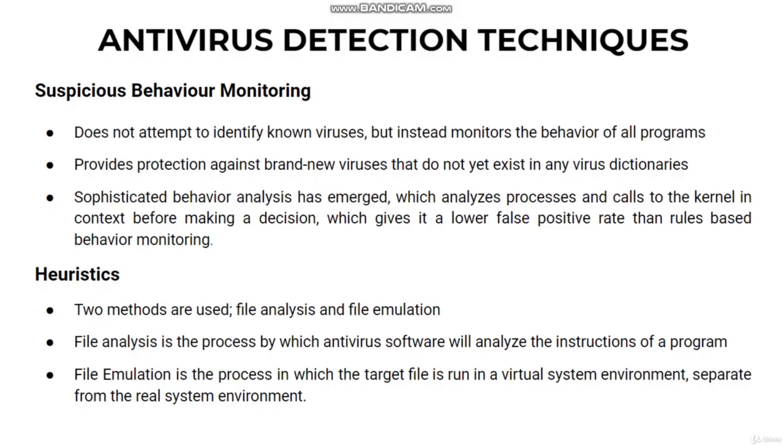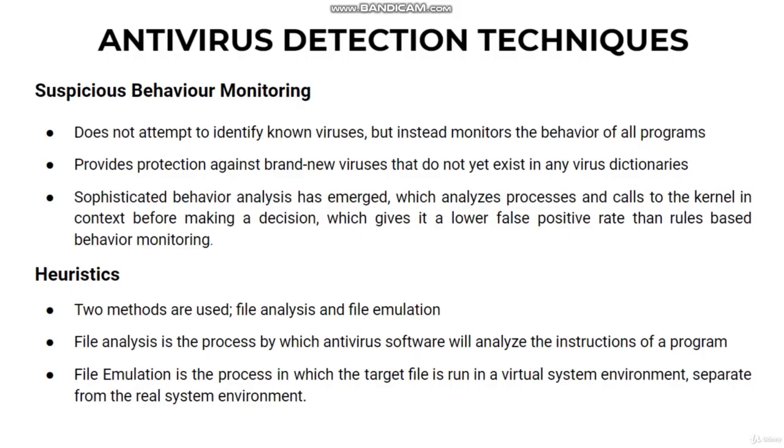And the last one is heuristics. Some of the more sophisticated antivirus software uses a heuristic based approach to identify new malware. In this way, two methods are used: file analysis and file emulation. As described in the previous lecture, file analysis is the process by which antivirus software analyzes the instructions of a program.